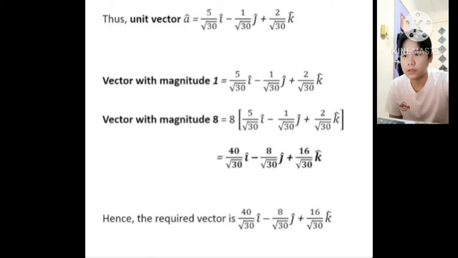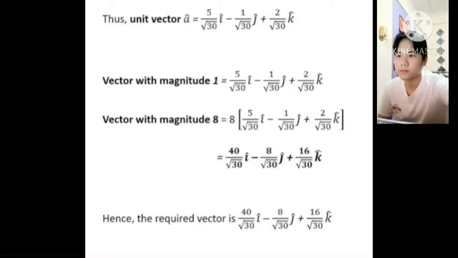So the unit vector in the direction of the vector is 5 over root 30 i minus 1 over root 30 j plus 2 over root 30 k.